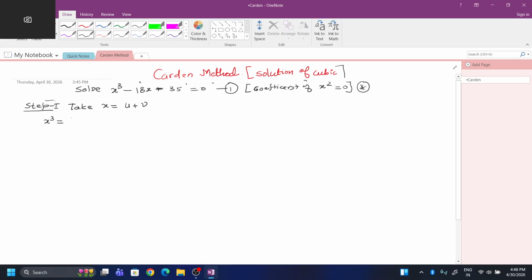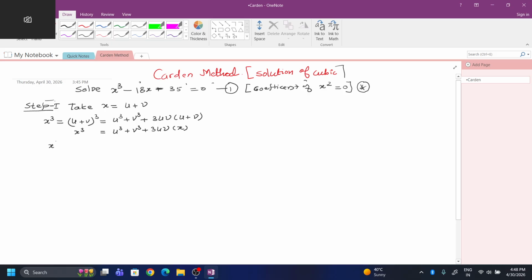Then you get x cube is equal to u plus v whole cube, that is equal to u cube plus v cube plus 3 times uv into u plus v, or it can be written as u cube plus v cube plus 3 times uv into x, that is equal to your x cube.